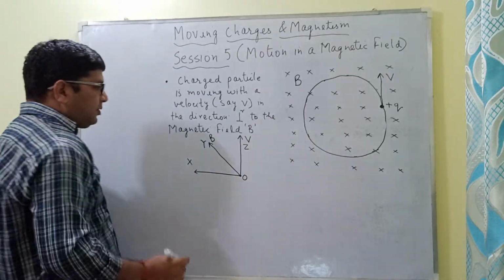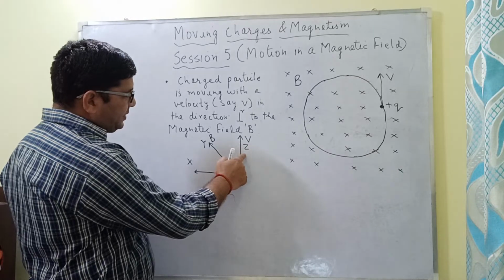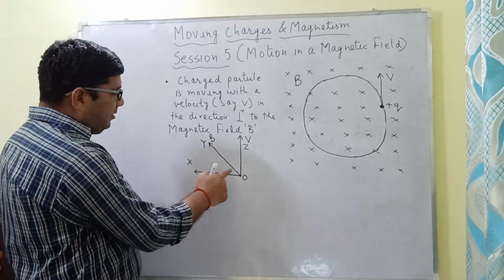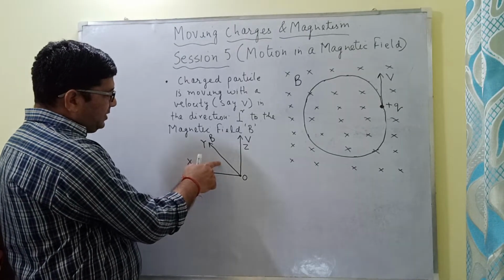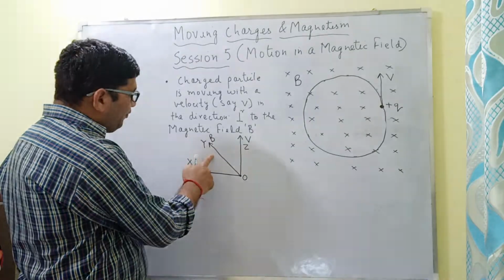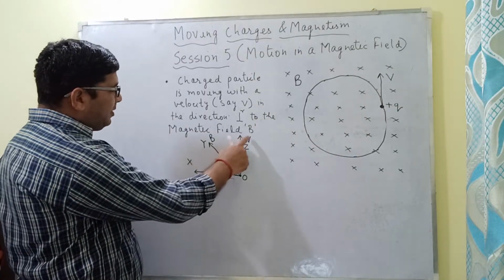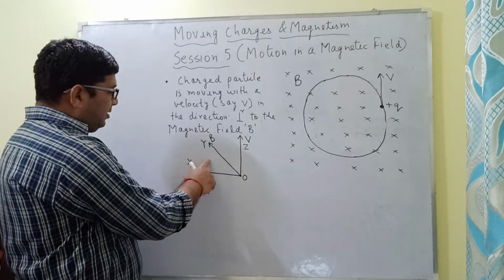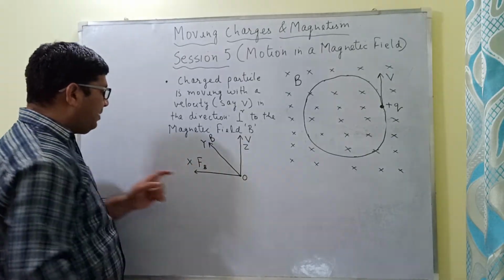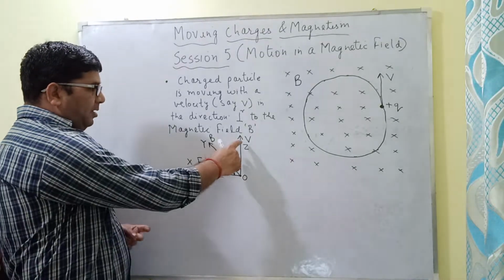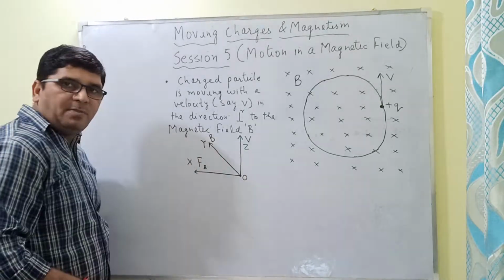If the particle is moving along the z-axis with a velocity v, and the magnetic field is along the y direction, then the magnetic force, say FB, will be acting in a direction perpendicular to the velocity v of this charged particle and the magnetic field B.